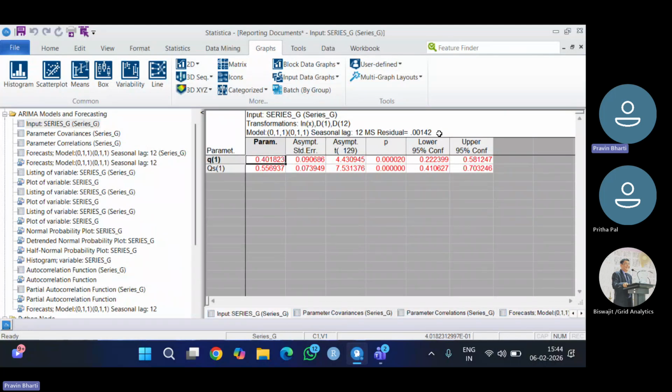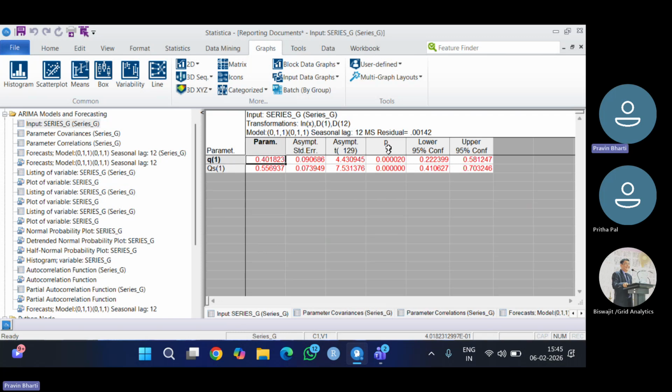So this means the mean square is the average squared residual error after fitting the model. This indicates that forecast errors are relatively small in proportional terms. Lower mean square directly corresponds to higher predictive accuracy.